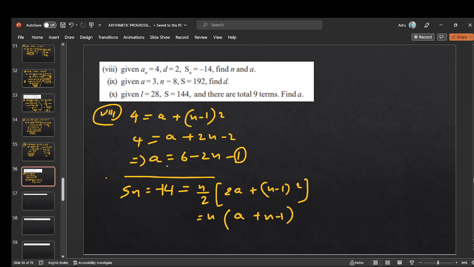Here we have information about a. Put the value of a, n into a, here 6 minus 2n plus n minus 1. Clear?